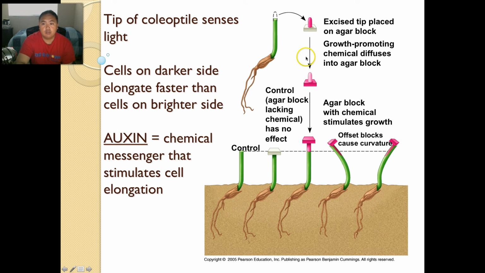If you think about this, it has a chemical messenger, and if it has enough light, the messenger, the auxin, tells the plant, hey, keep growing. If it's a little bit different, like the blocks are offset, then the auxin, the chemical messenger that tells the plant to keep growing, is less, which means it doesn't grow as much unless it has direct absorption of the light.